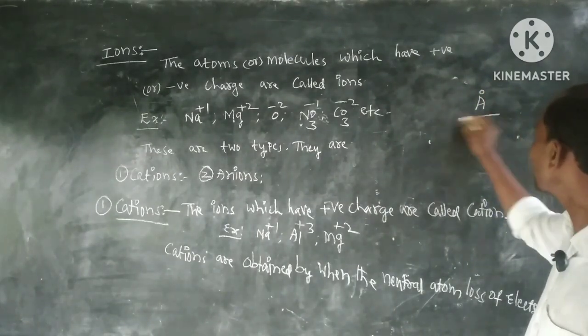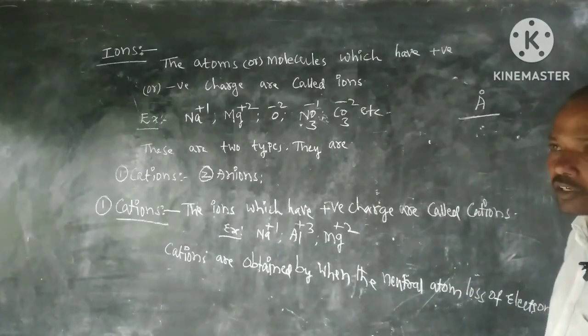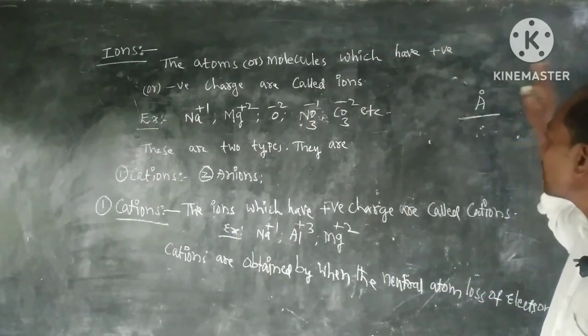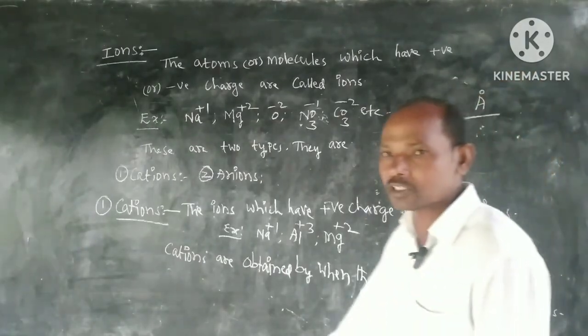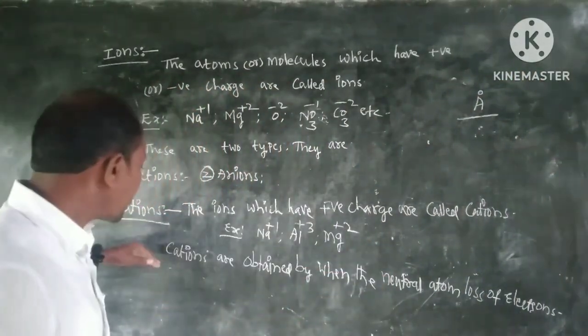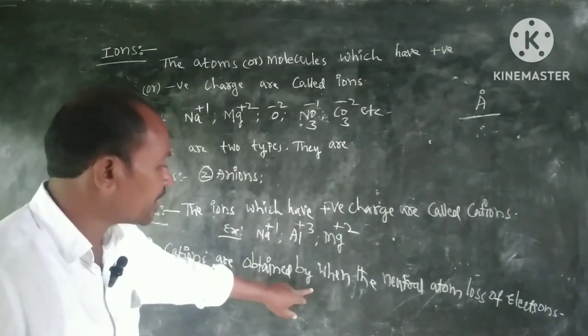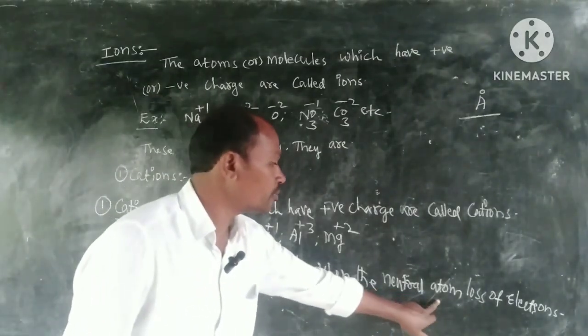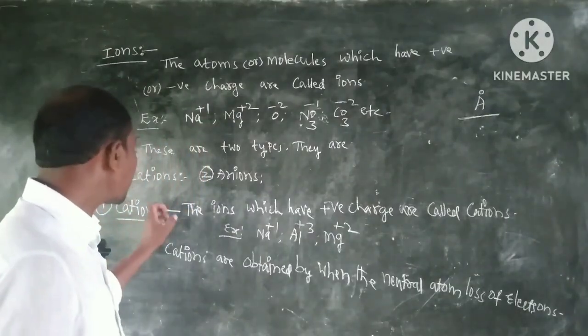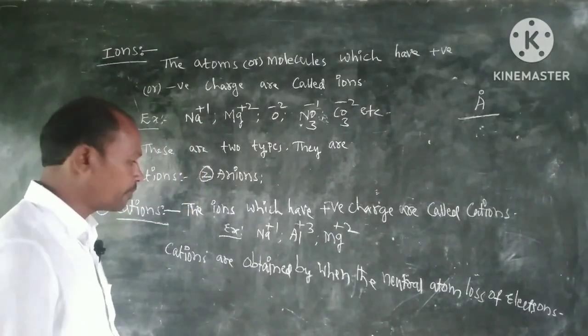So cations are obtained when the neutral atom loses electrons.